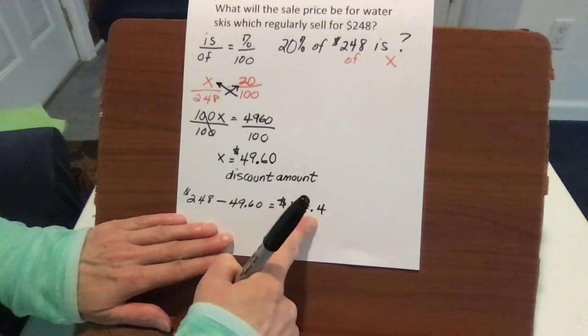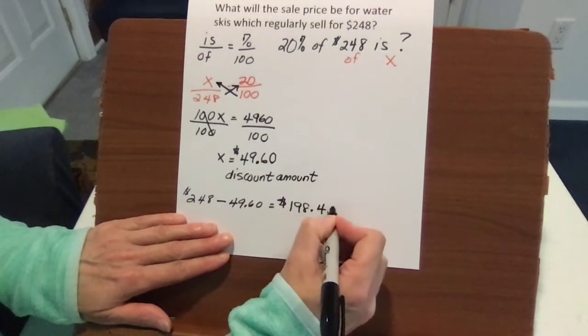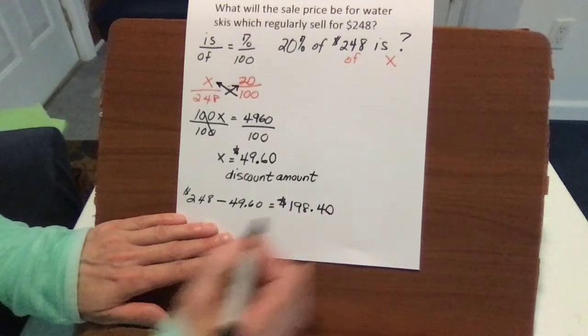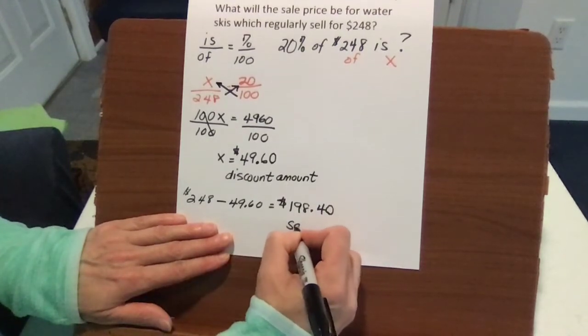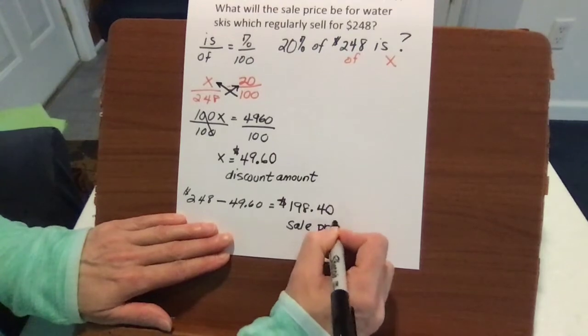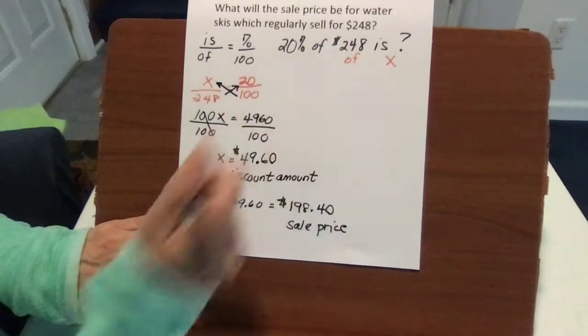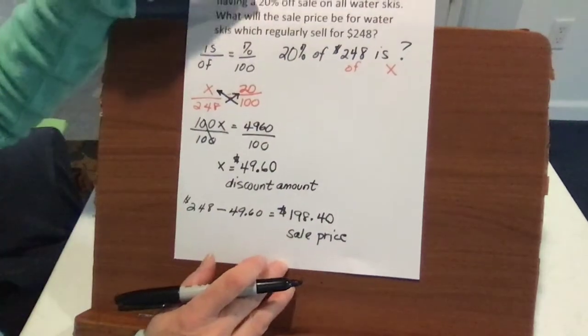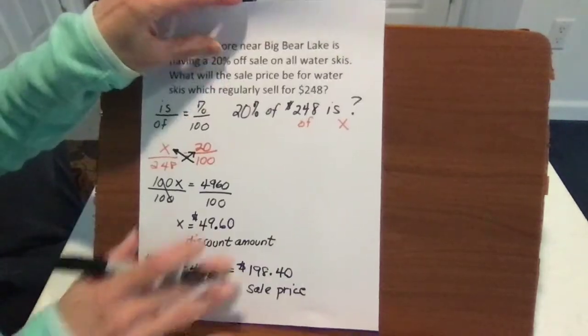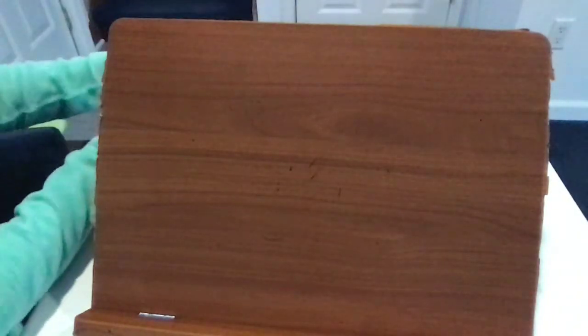Again, your calculator is going to stop at 0.4, but you're going to be smart enough to put that 0 on the end. Okay, and this is the sale price. So $198.40 is the sale price after 20% off the original price of $248. All right, so that should be a review, a refresher, of basic percent problems.